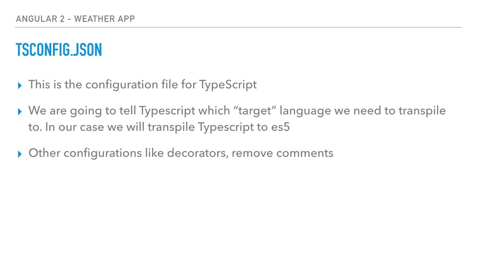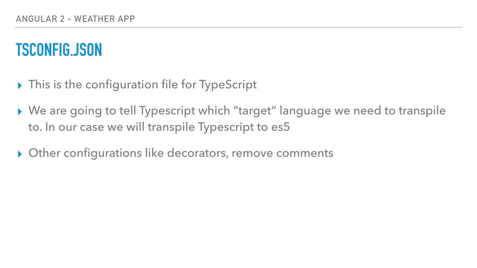Well, this is going to be a file. Inside this file we will tell TypeScript which is the final target that we want. So we can tell TypeScript, from our source code we want to generate ES5 JavaScript or ES6 JavaScript. So why?